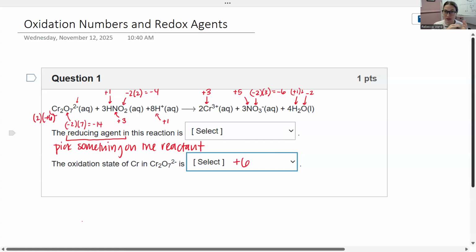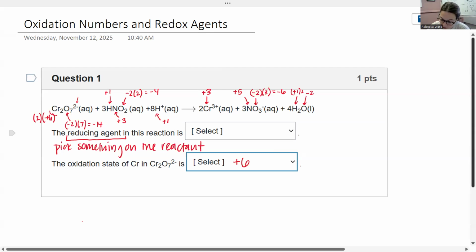The reducing agent is something that is good at giving electrons away, which means that for us, we're looking for something that has a more positive oxidation state on the product side, because that must mean that it lost electrons and it gave the electrons away to someone else. So it reduced someone else, therefore was oxidized itself.